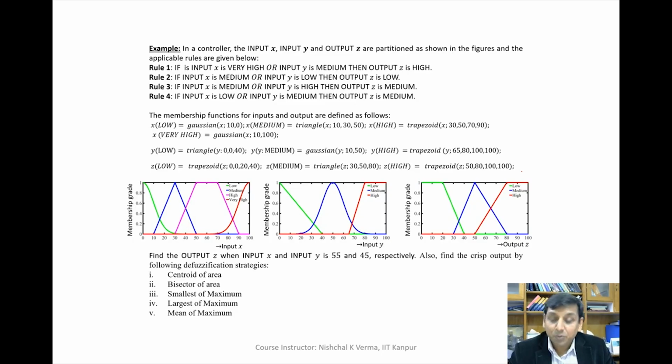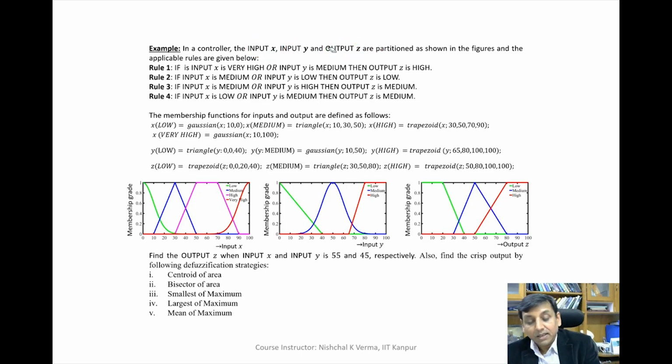And in this example, we have a fuzzy model, which is also called a controller here. So in this controller, the input is X and another input is Y. So we have two inputs, input X and then another input is Y. And corresponding to these two inputs, we have the output, which is Z. The Z is here.